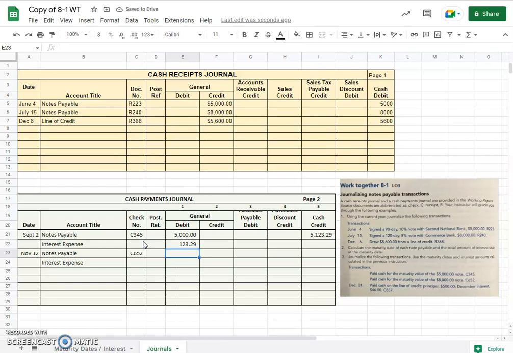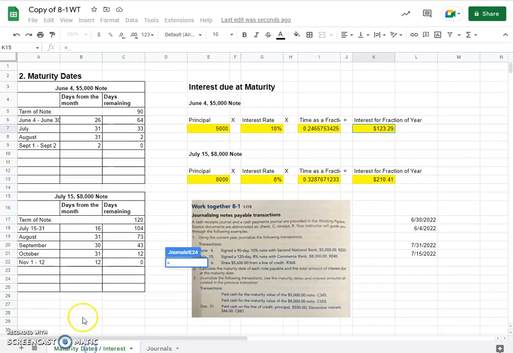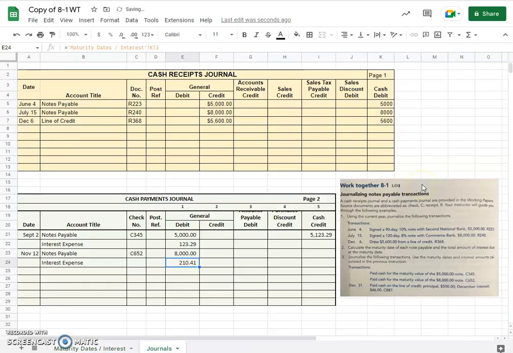The note was for $8,000, and the interest we calculated over here was $210.41. And so then over here, we'll just add the note payable and the interest expense together. We wrote our check for $8,210.41.